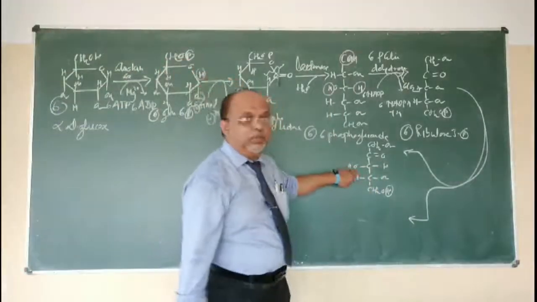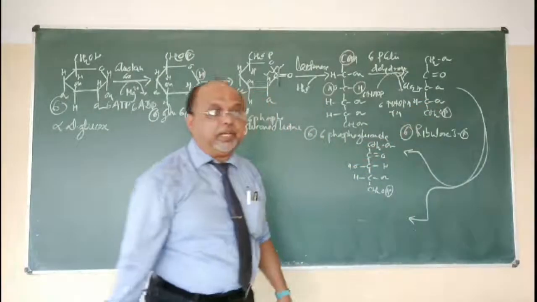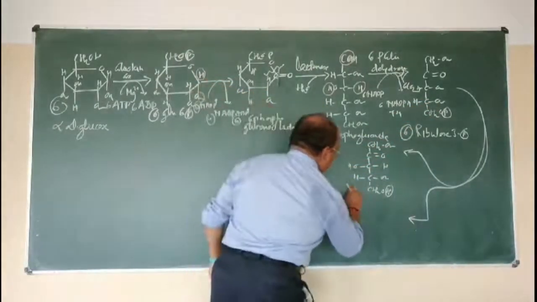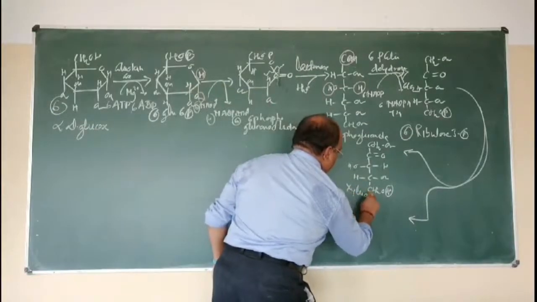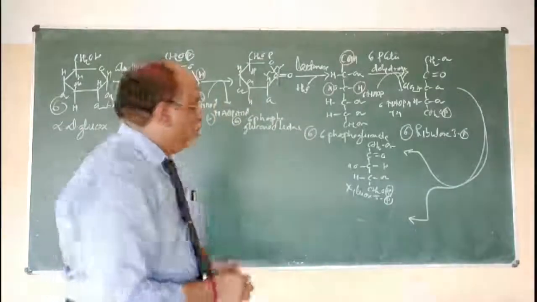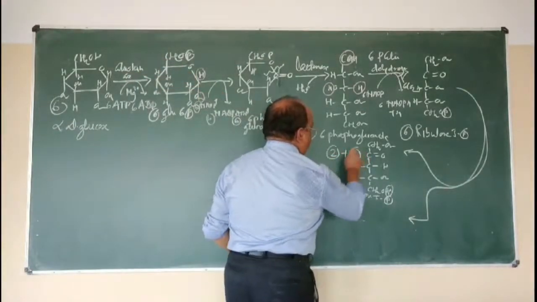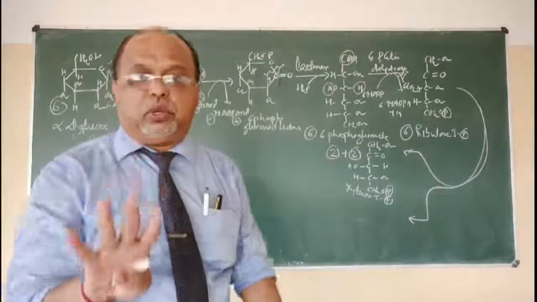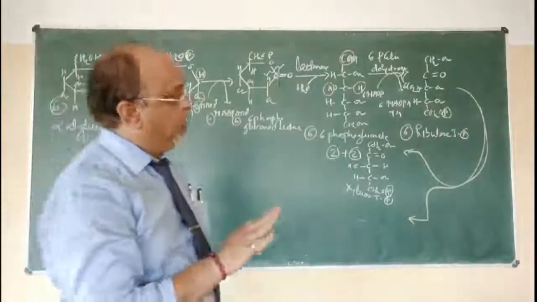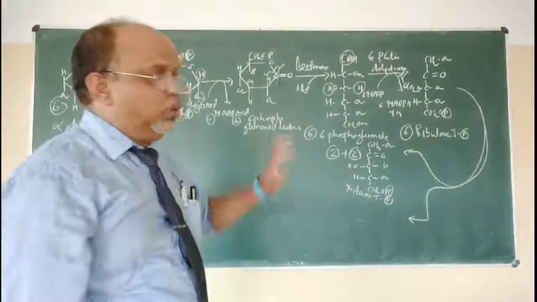You can see the difference. That hydroxy group was on the right side, now it is on the left side. This is known as xylulose 5-phosphate. So how many molecules? 2 plus 2 means 4 molecules of ribulose 5-phosphate are epimerized.